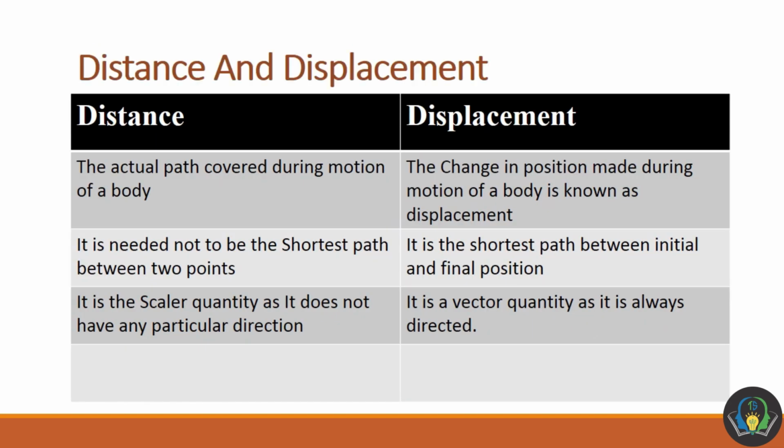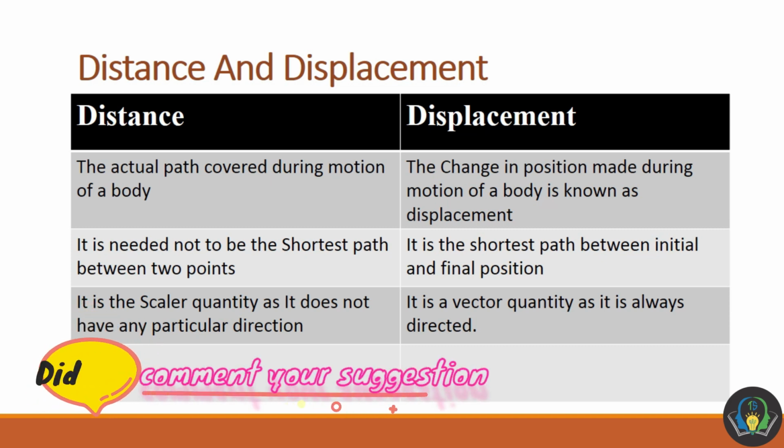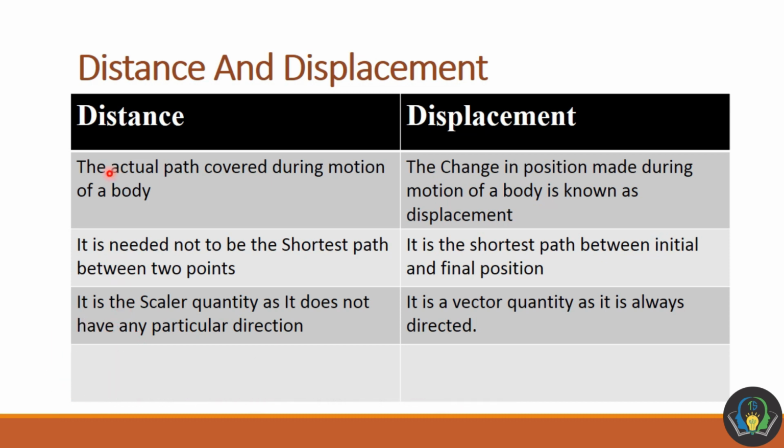So here is the difference between distance and displacement. It is very important to understand this, because this concept will be coming in the next chapter as well. The actual path covered during the motion of a body is called distance. If you are traveling from anywhere to any other place, that is the distance. Even if you are taking just 1 foot ahead, that is distance that you are traveling.